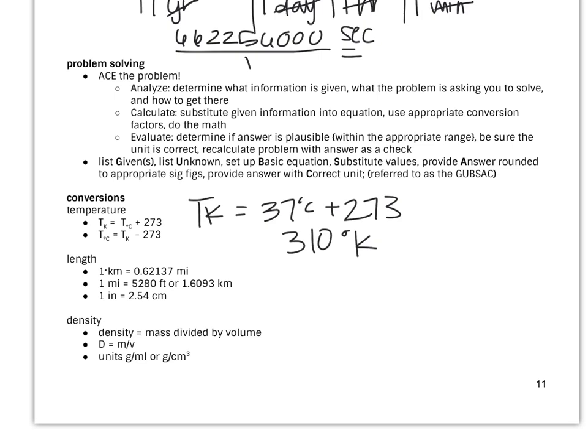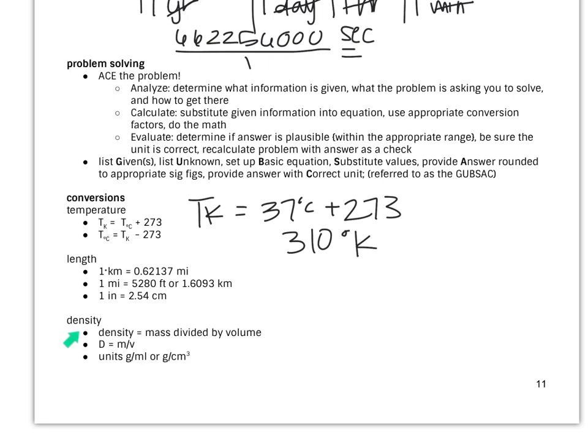Your length, so 1 kilometer is equal to 0.62137 miles. Miles can be converted into feet and kilometers. 1 inch equals exactly 2.54 centimeters. So all those are conversion factors, so we do not have to be concerned with sig figs there.